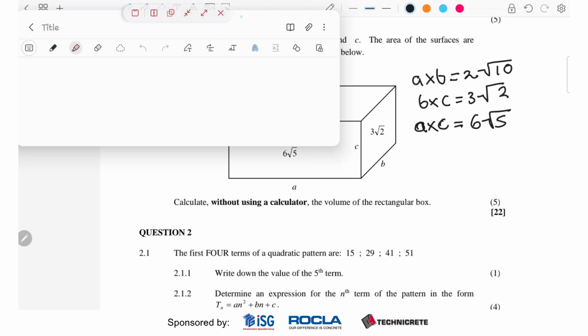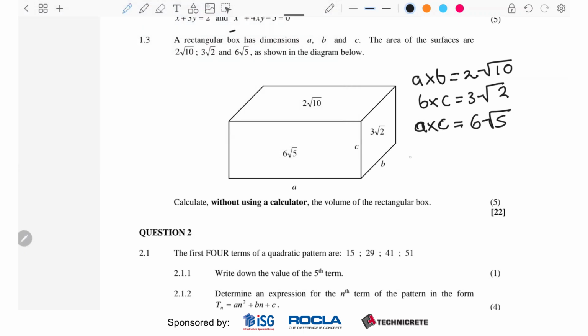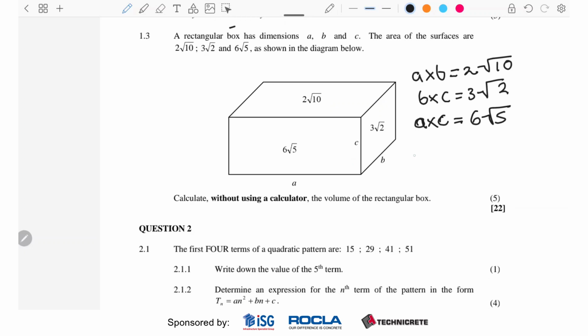Now remember, the way to calculate volume is length times base times height for a rectangular box. So it'll be AB times BC times AC, which is 2 square root 10 times 3 square root 2 times 6 square root 5.